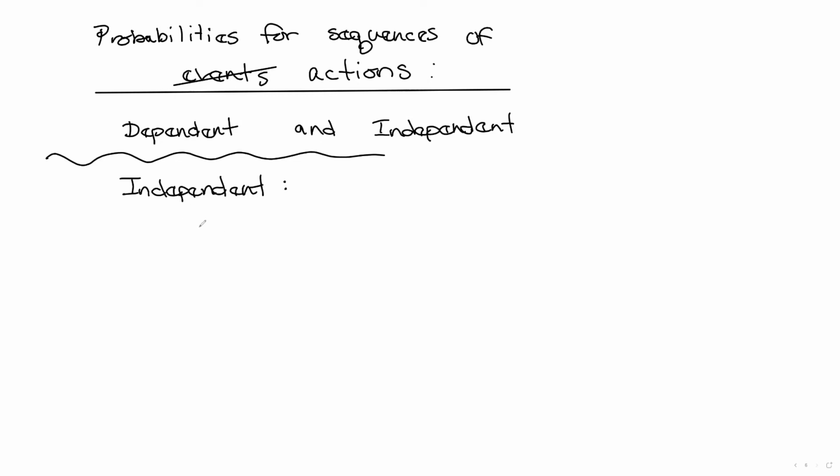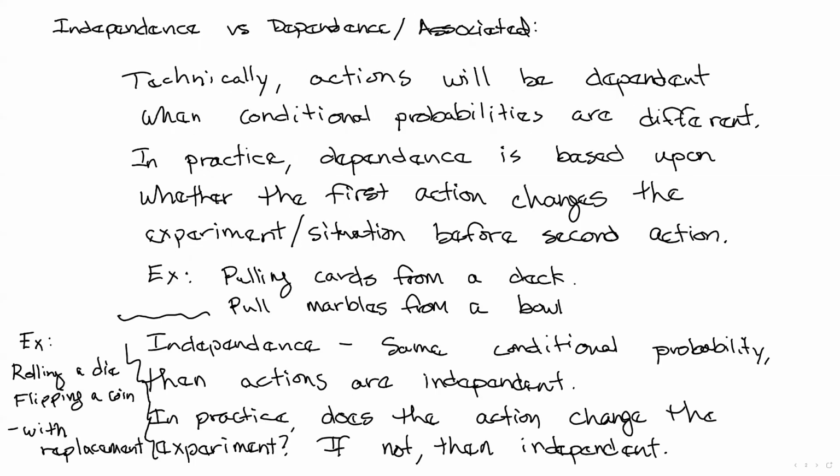The thing that's going to be critical is we're going to end up using that formula earlier. So this is the probability of action A and action B. Now we're thinking in terms of actions. This is action A, this is action B, and they both happen because we're talking about a sequence of actions, 2 actions that both take place. So probability of action A and action B, and then using that formula from earlier, all the way back here.